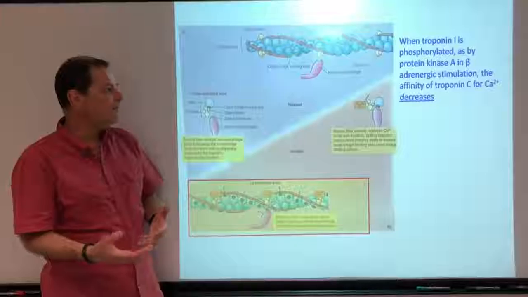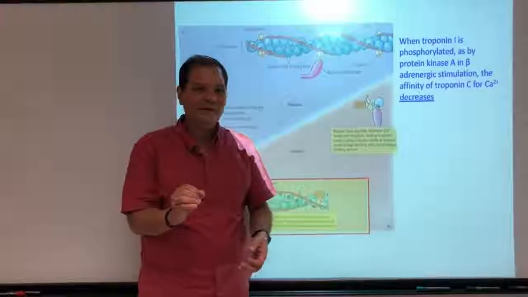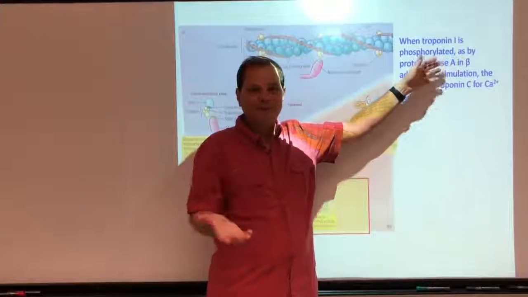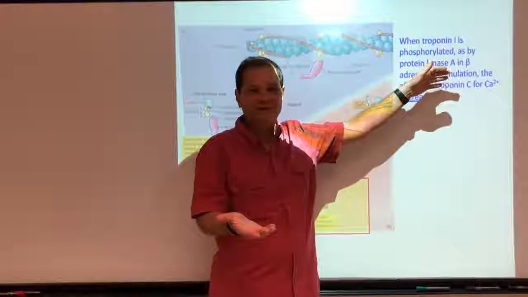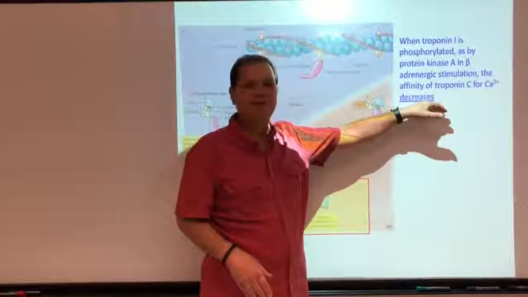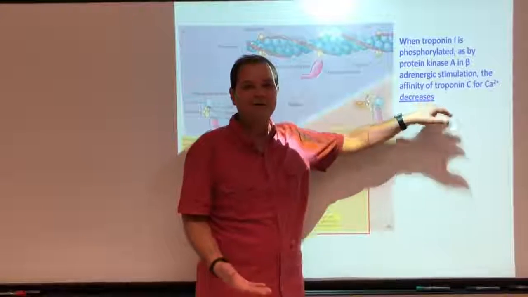Okay? So it probably makes zero sense to you guys that phosphorylation of troponin I through beta-adrenergic stimulation, that is an increase in sympathetic activity, would actually cause a decrease in binding of calcium to troponin C, not an increase.